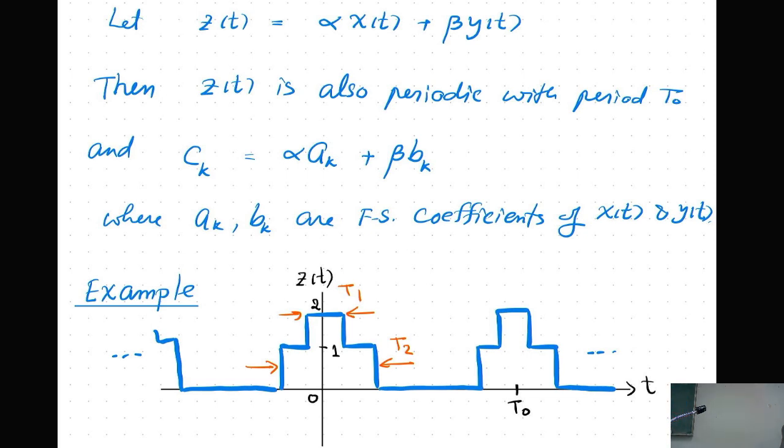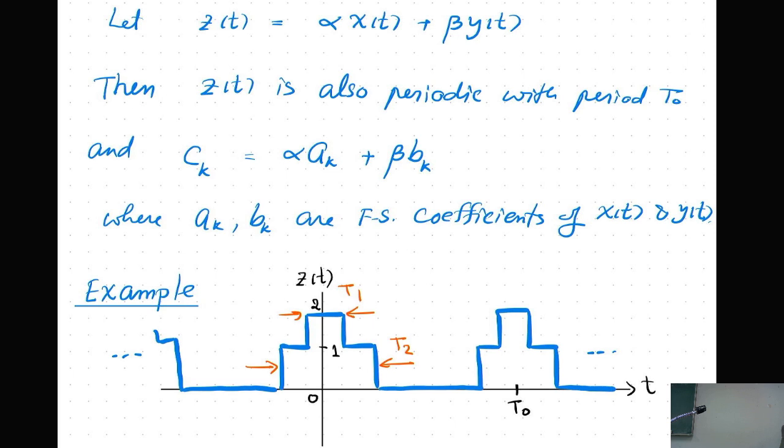The signal z is very much related to a rectangular pulse signal. If you ignore this part for a while, you see that it becomes this signal, a rectangular signal.